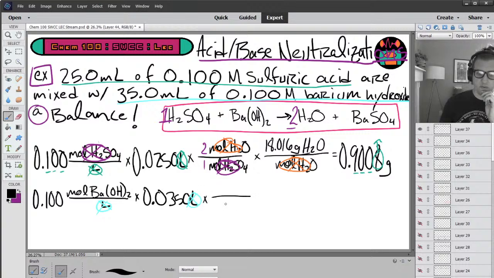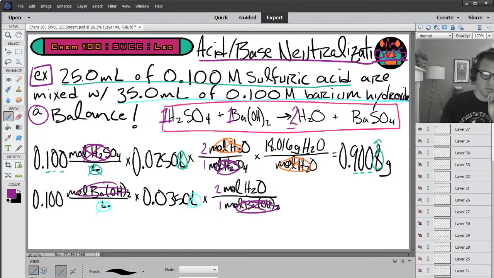Times, now we need to convert from moles of barium hydroxide to moles of water. And much like before, we can see that this is a 1:2 molar ratio. Moles of barium hydroxide cancel.